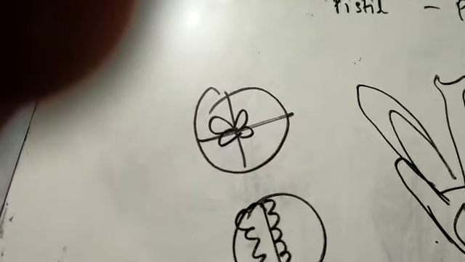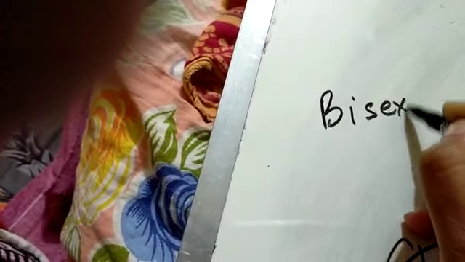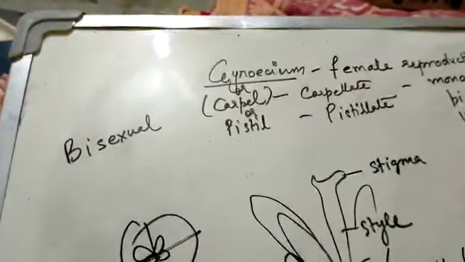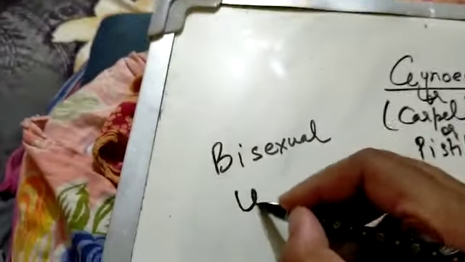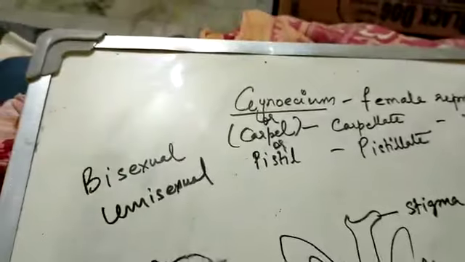If the flower is having both the sexes, that is both stamen and pistil, then it is called as bisexual flower. If it is having only one sex, either the gynoecium or the androecium, then it is called as unisexual flower, right?